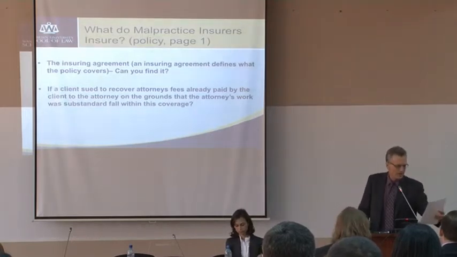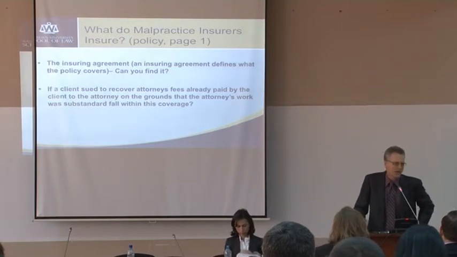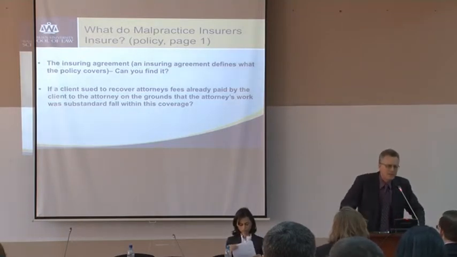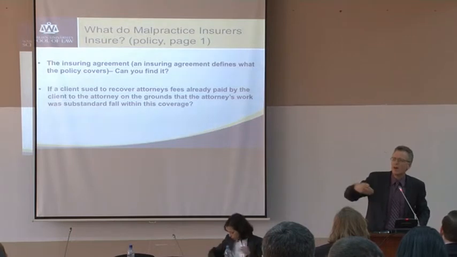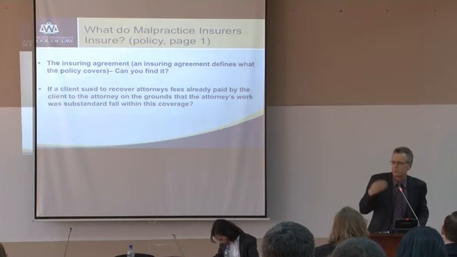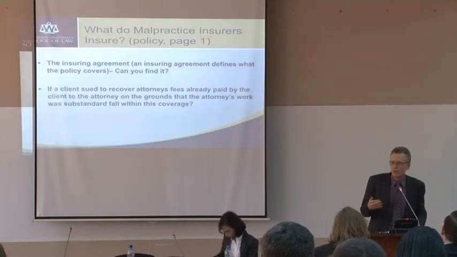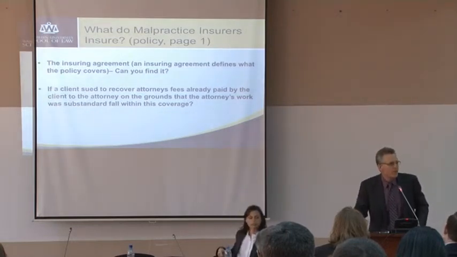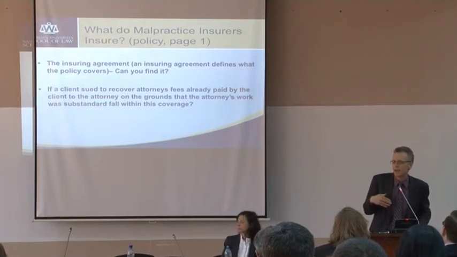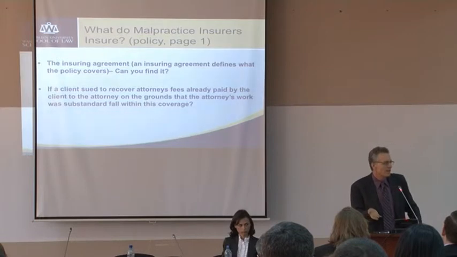One other point in looking at this policy, A1C refers to a retroactive date. The retroactive date is basically a cutoff on old lawyer work that the lawyer did in previous policy periods. So if 2 years ago the lawyer did something negligently, the retroactive date tells you whether, if the claim is made within the policy period, the insurance company actually has to defend the claim and pay indemnity.